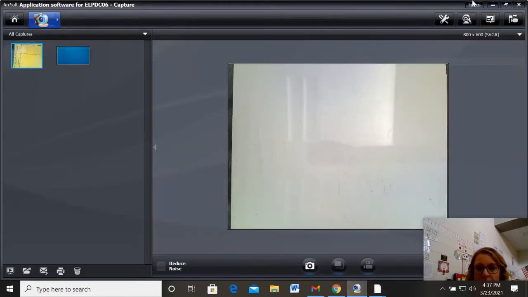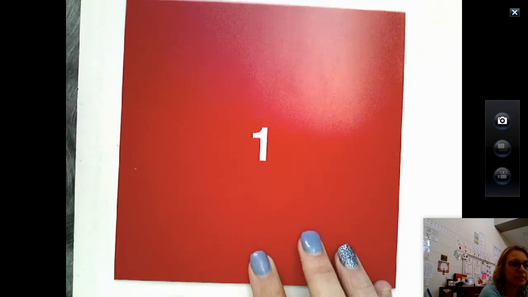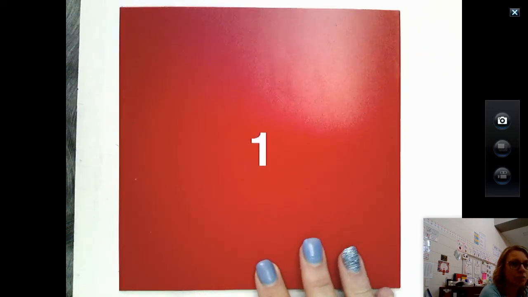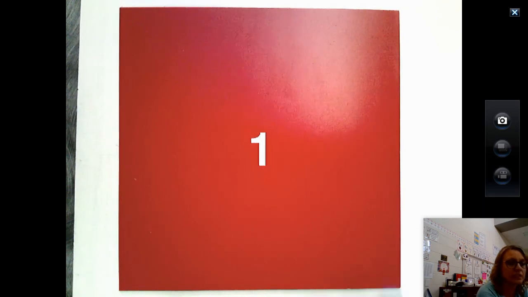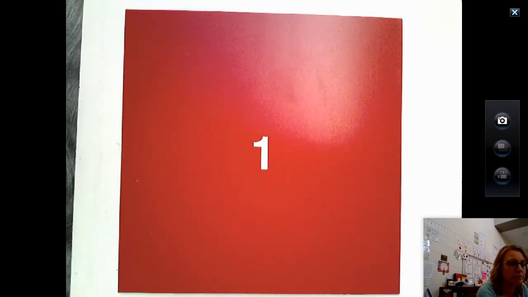Okay, now we are going to look at some parts or some fractions. Okay, so if I have this red square, I would say I have one whole. It is one whole square.